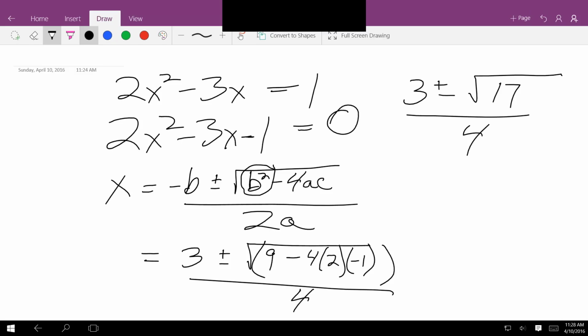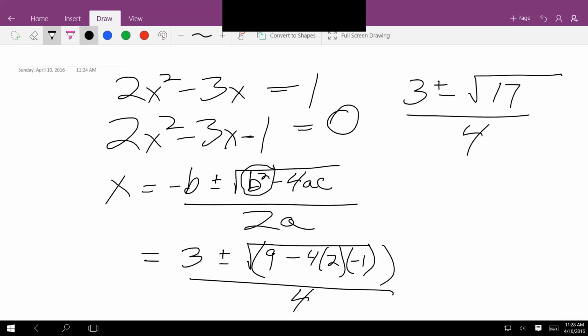Now put it in a plus bi format. In other words, you need it to look like this. Excuse me, this is not an imaginary solution, so you don't need to worry about it. If it's a real solution, then this answer is as good as any.